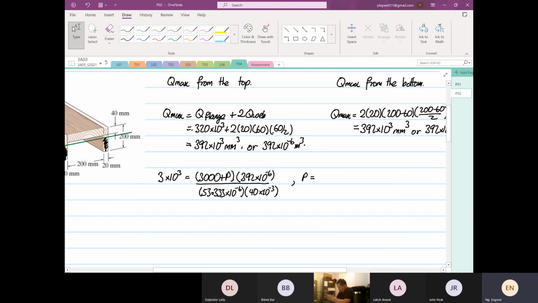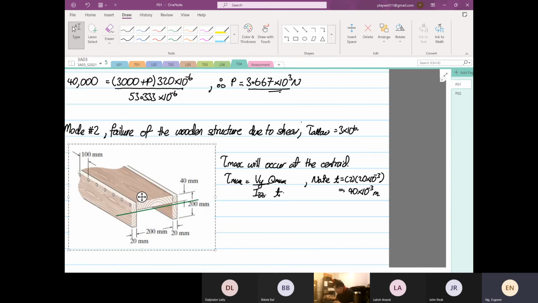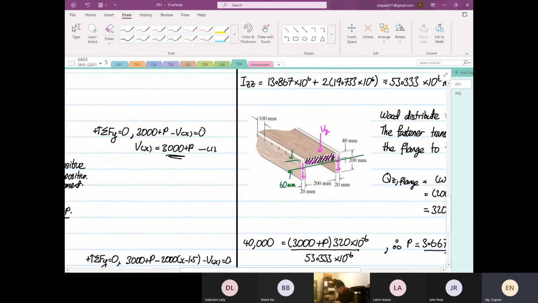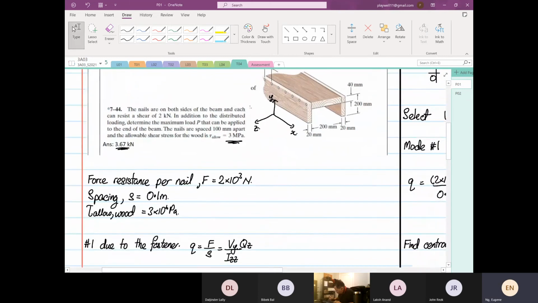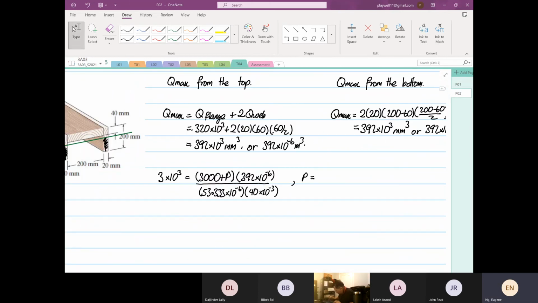Is this 3 times 10 to the power 3? I probably got it wrong. Hold on. Sorry, it should be 3 times 10 to the power 6. No wonder my numbers look so weird.